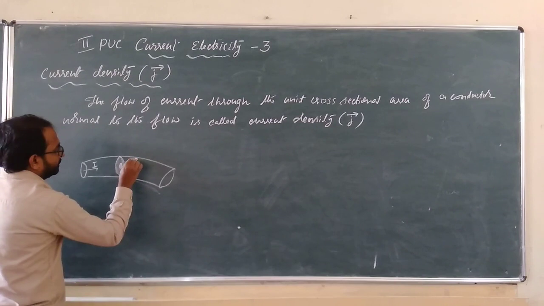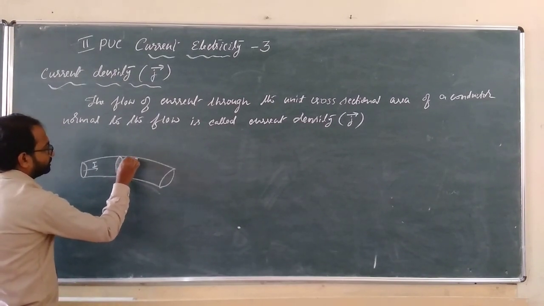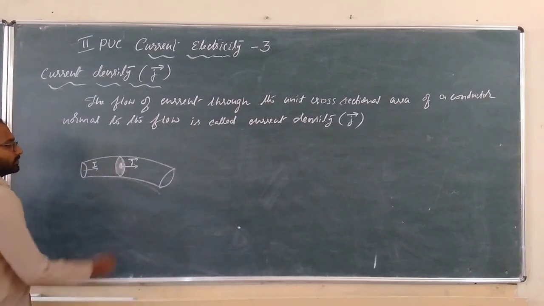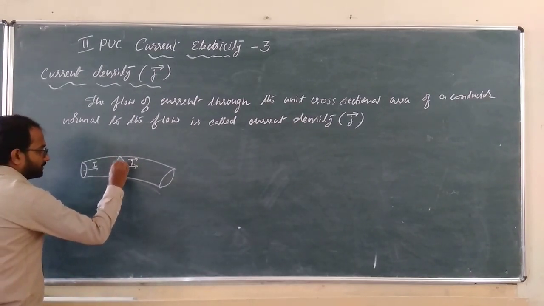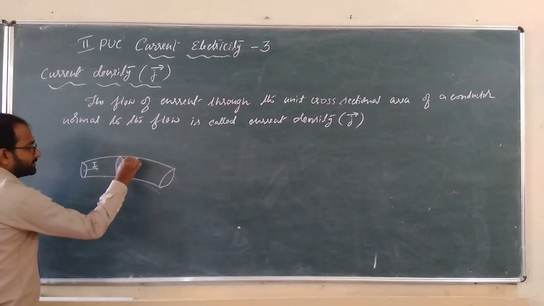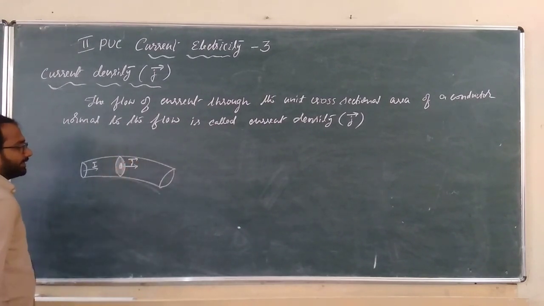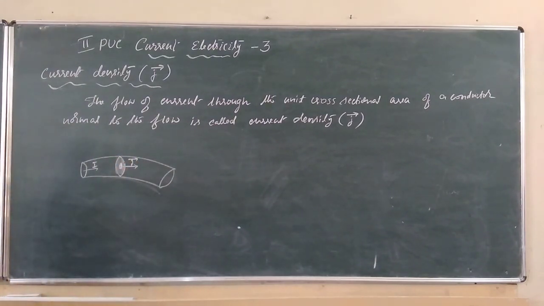The vector J. So what is the current flowing through unit cross sectional area which is held normal to the flow of current is called current density.